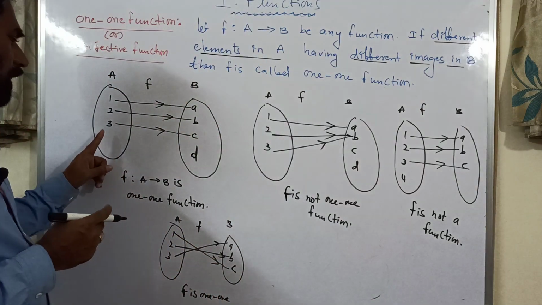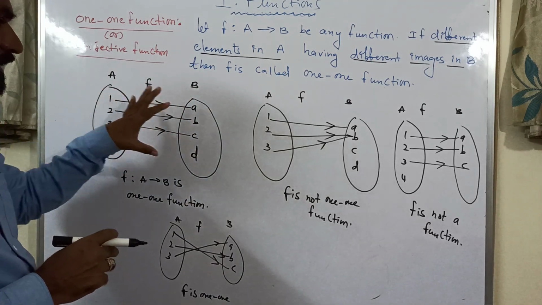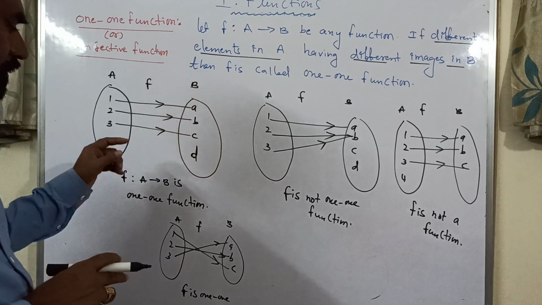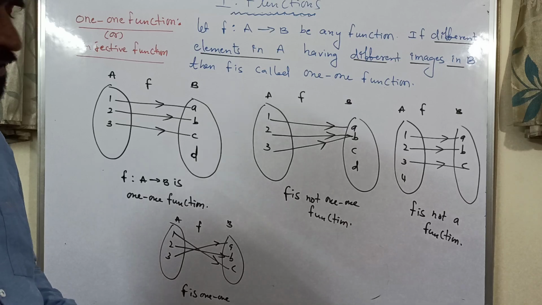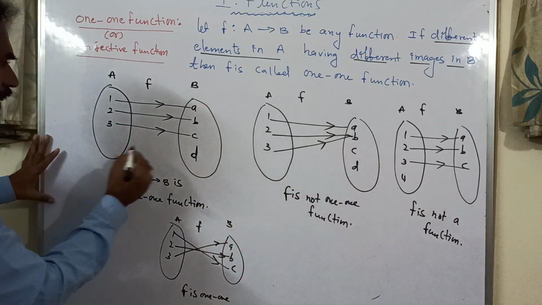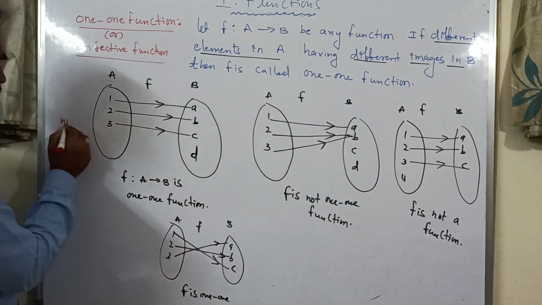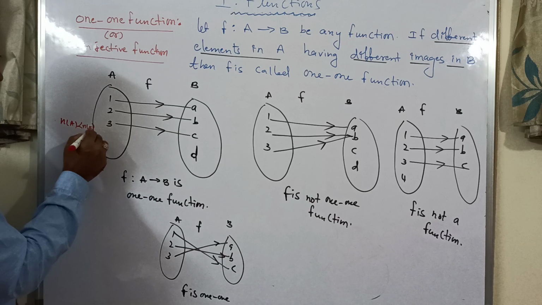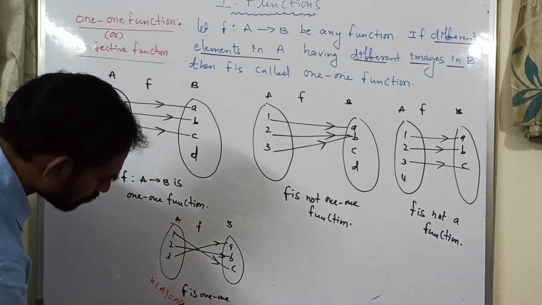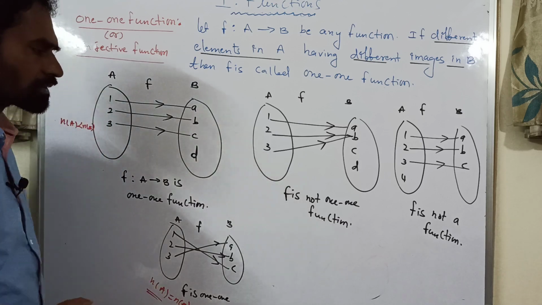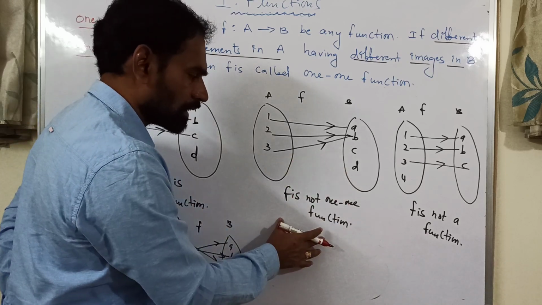In this case, number of elements in A is 3, number of elements in B is 4. So the number of A is less than the number of B. Here the number of A equals the number of B. Therefore, in these two cases f is a one-one function. Here the number of A is less than the number of B, but it is not one-one.